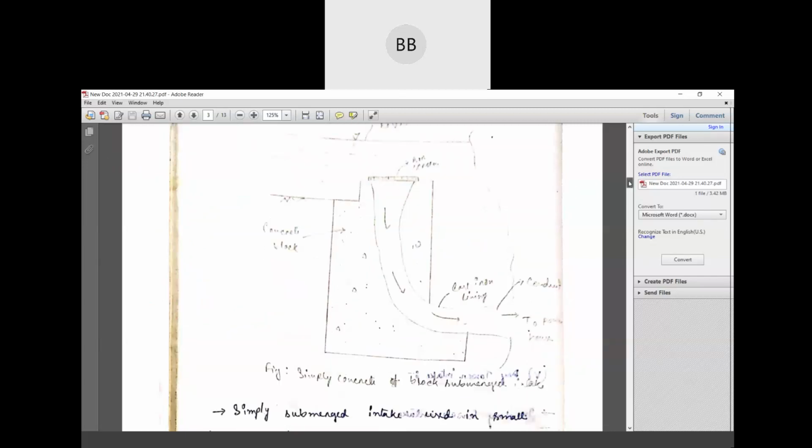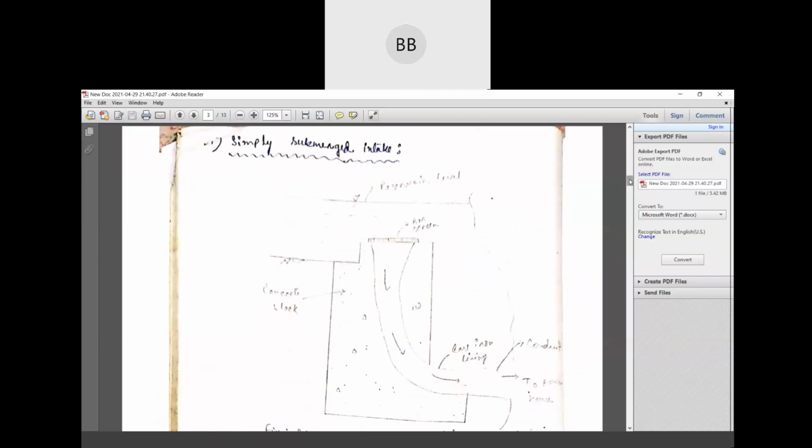These are the drawbacks: it is beneath the reservoir. We all know that a river contains sediments, and in due course of time it gets deposited at the bottom of the reservoir. When it is deposited, it may cover the whole intake structure. So these are disadvantages.